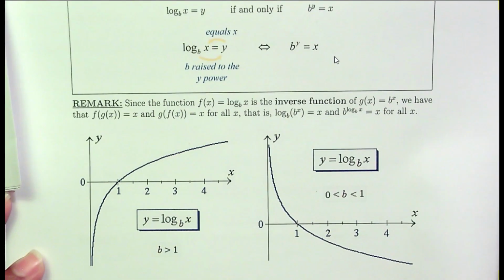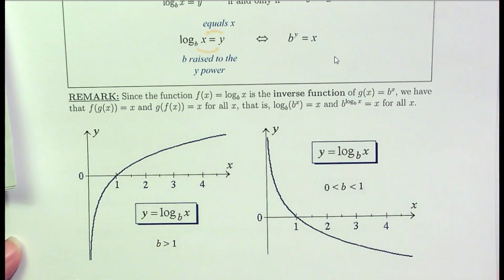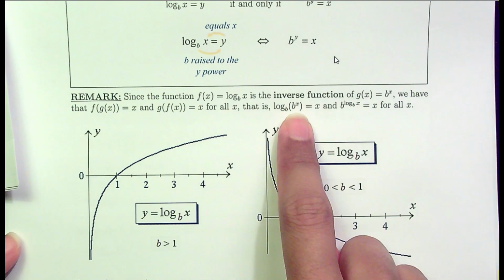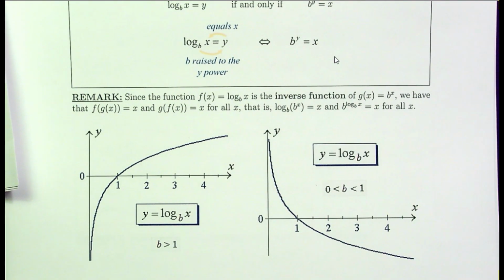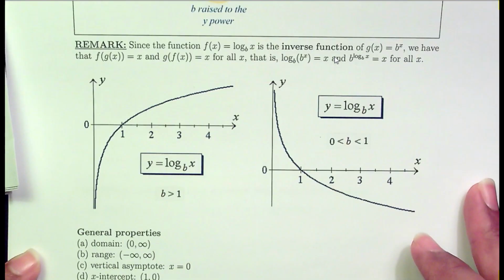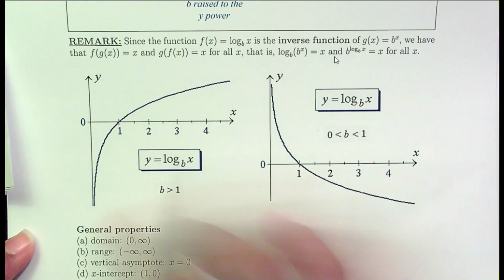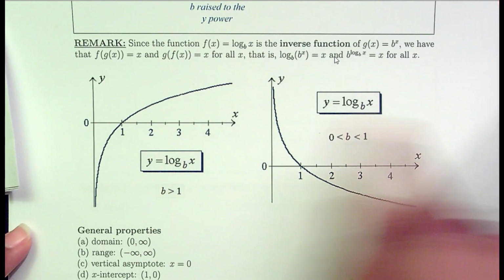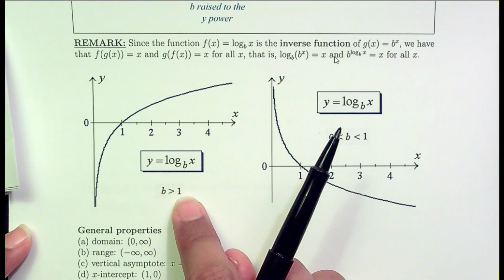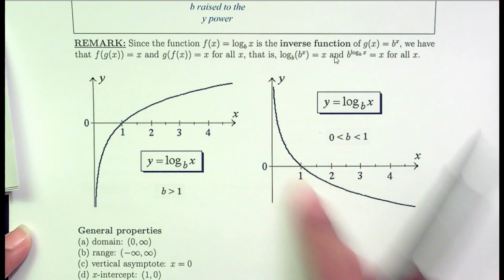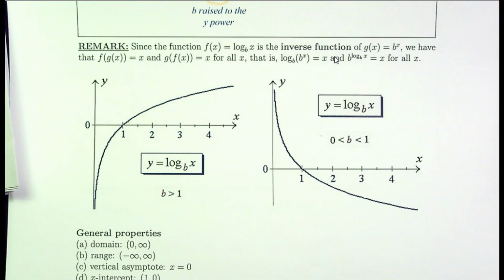Okay, so now let's talk about other properties of logarithmic functions. These ones we just discussed, we discussed those at the beginning. There's this other property. The graphs look like this for b bigger than 1, and the graph of the logarithm looks like this for b smaller than 1.